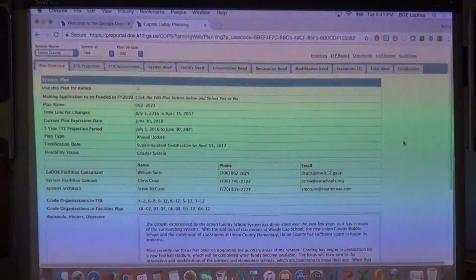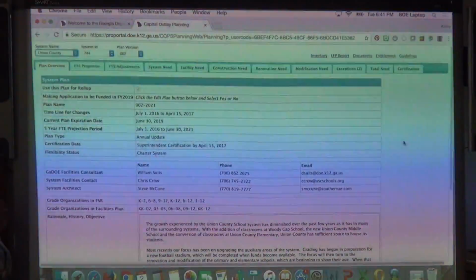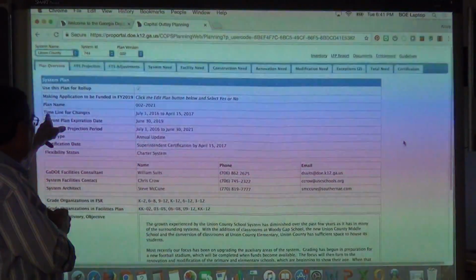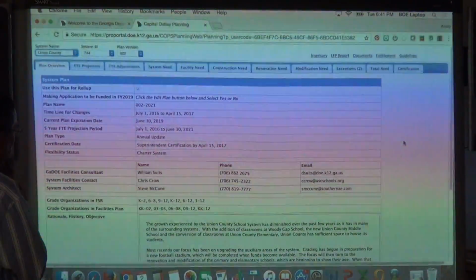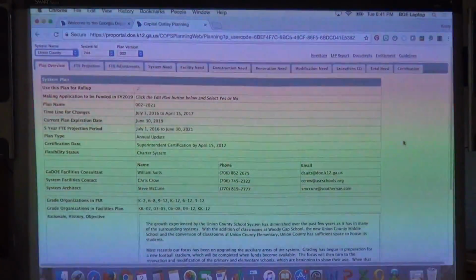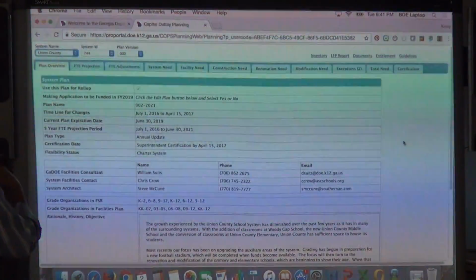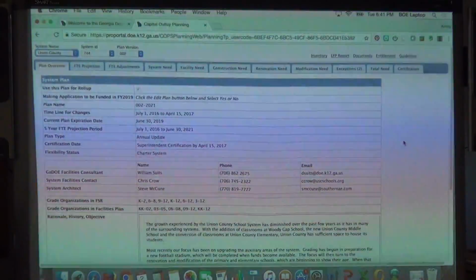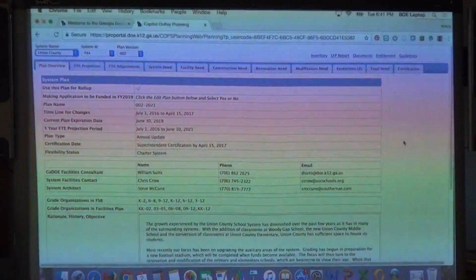You can see this basic generic information that says this is the plan name, version 2, that expires in 2021. The timeline for changes is July 1 to April 15th of 2017. July 1 is when it opens back up for changes.